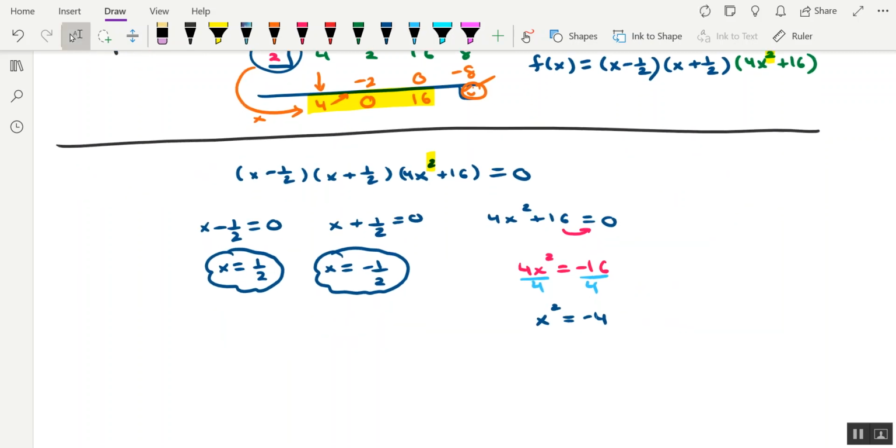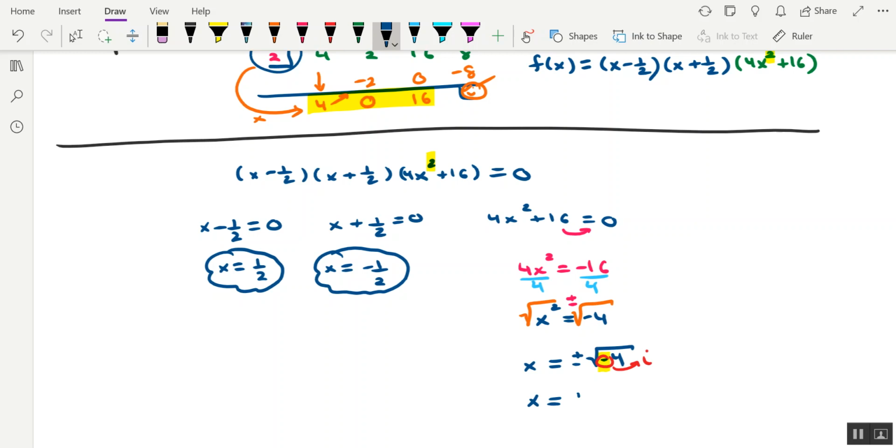Now, when we go to take the square root to get rid of that power of 2, we have to remember to include plus or minus. And we get plus or minus the square root of -4, which you'll notice there's a negative inside of the square root, and that's going to require us to rewrite this with the imaginary unit i.